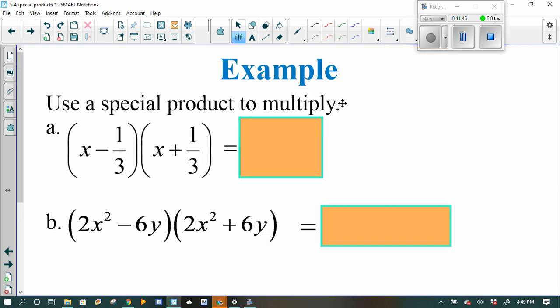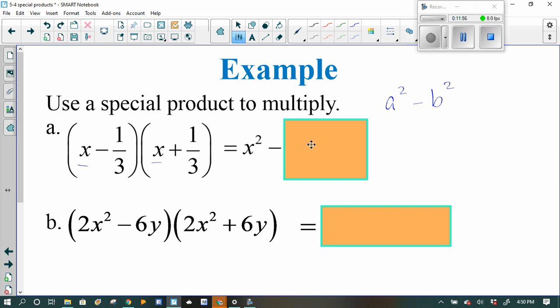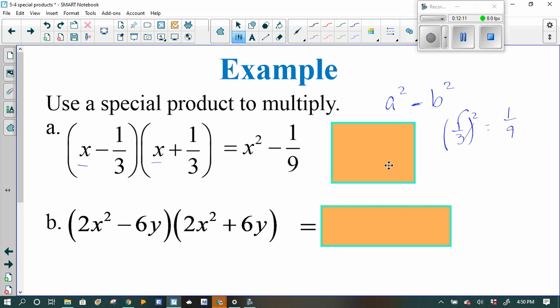And yes, it works on fractions as well. Following the rule, a squared minus b squared, the first term is x squared, and then the rule says to subtract. So we take (1 over 3) squared, which would be 1 over 9, because 1 squared and 3 squared. There's your answer.